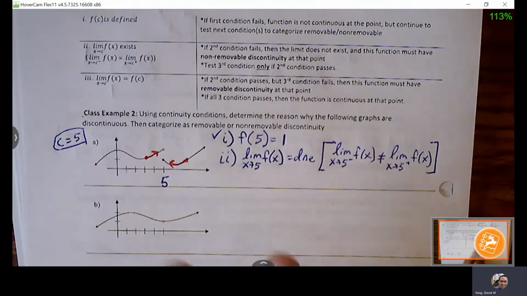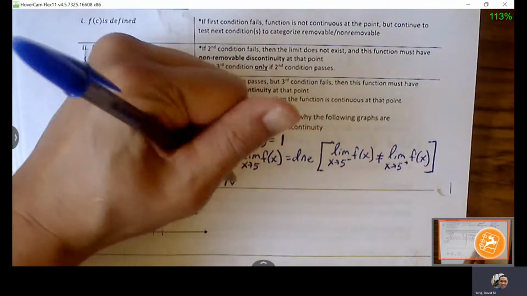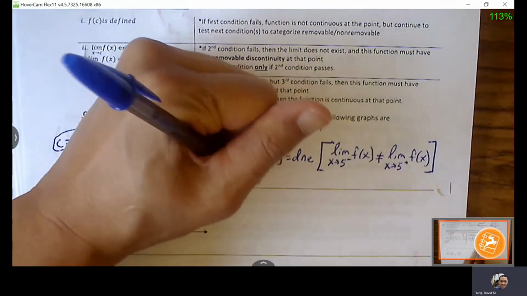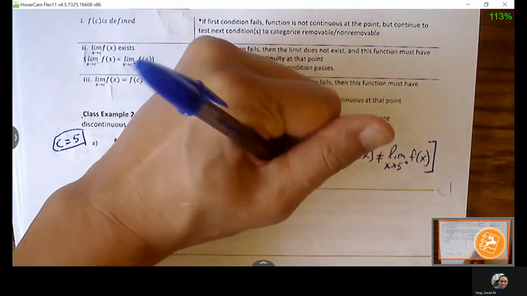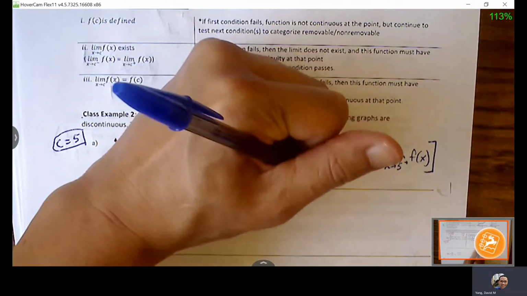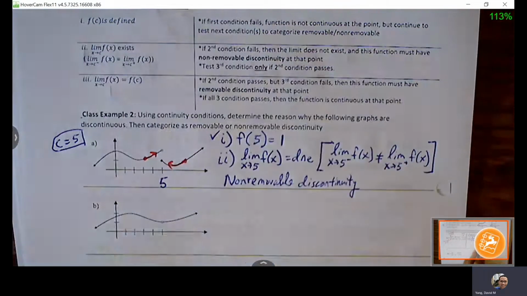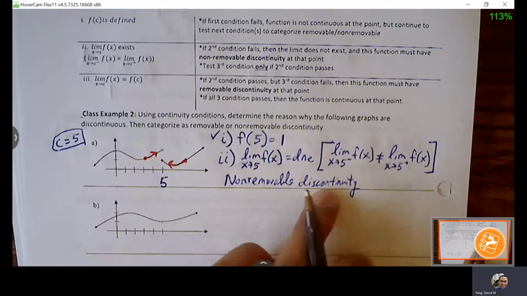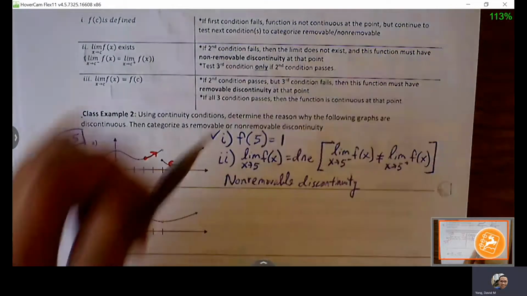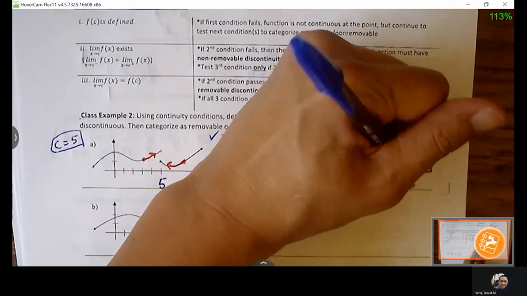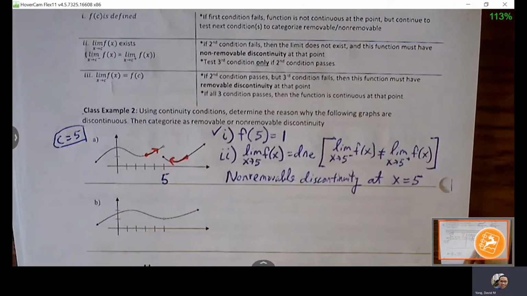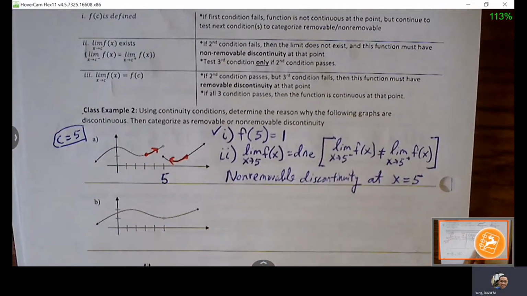Stop, right? We know what type of discontinuity. This is a non-removable discontinuity. So we say that it's non-removable. Make sure you specify the location. This discontinuity doesn't exist everywhere, right? We're only testing 5. We're not concerned about the rest of the function.